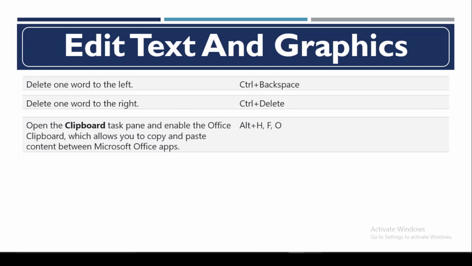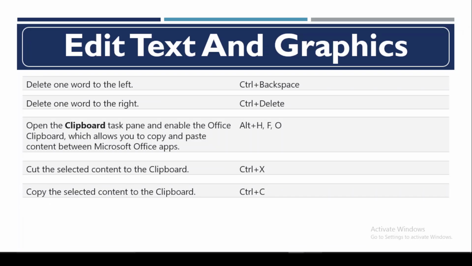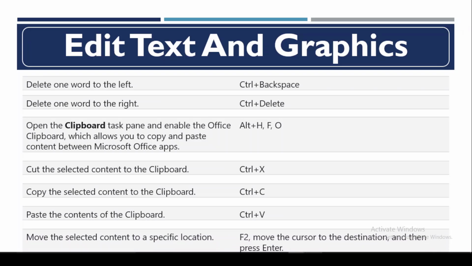Open the clipboard task pane and enable the Office clipboard, which allows you to copy and paste content between Microsoft Office apps, Alt plus H F O. Cut the selected content to the clipboard, Ctrl plus X. Copy the selected content to the clipboard, Ctrl plus C. Paste the contents of the clipboard, Ctrl plus V. Move the selected content to a specific location, F2, move the cursor to the destination, and then press Enter. Copy the selected content to a specific location, Shift plus F2, move the cursor to the destination, and then press Enter.